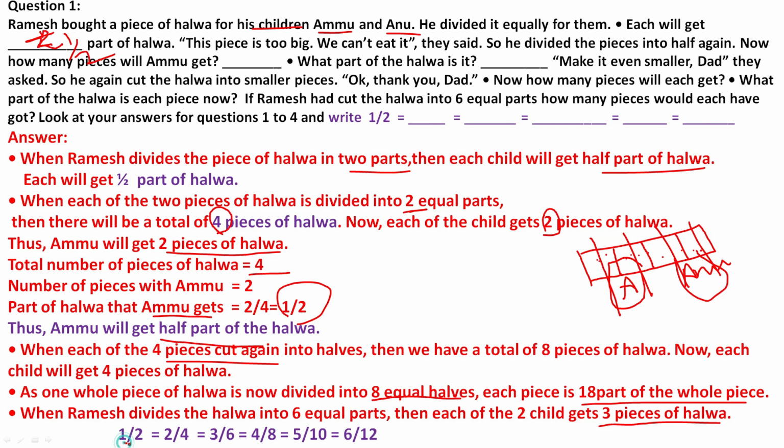So 1/2 is equal to 2/4 is equal to 3/6 is equal to 4/8 is equal to 5/10 is equal to 6/12. Now 1 2 is 2, 2 2s are 4, you will get 1/2 only. 1 3 is 3, 2 3s are 6, so 1/2 only. 1 4 is 4, 2 4s are 8, 1/2. 1 5 is 5, 2 5s are 10, 1 6 is 6, 2 6s are 12. So all the fractions are equal to 1/2.